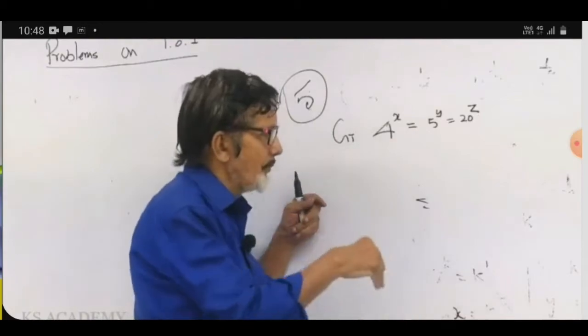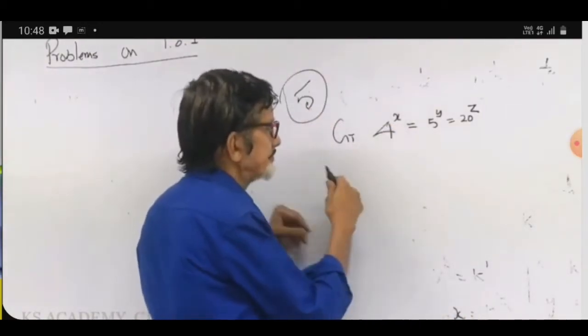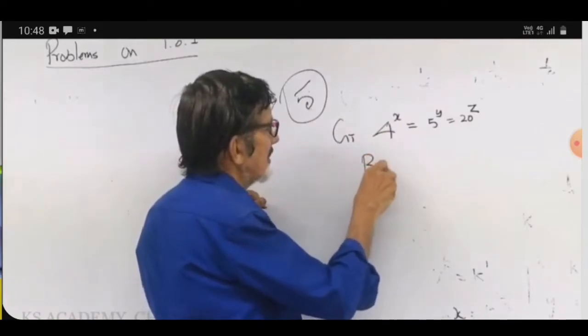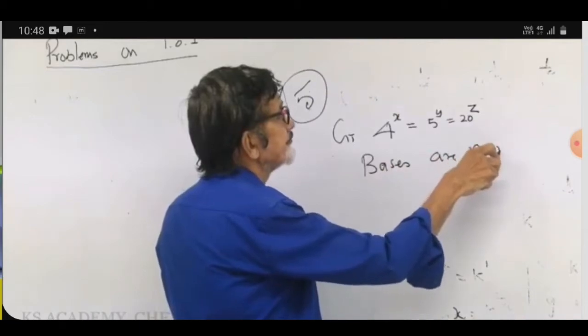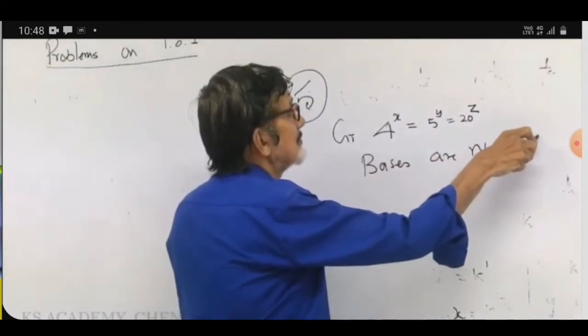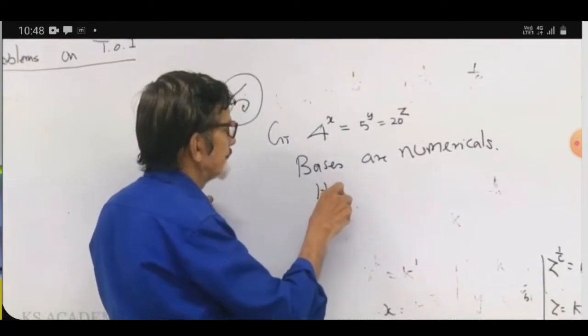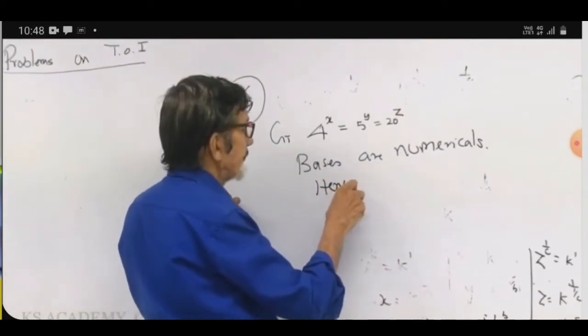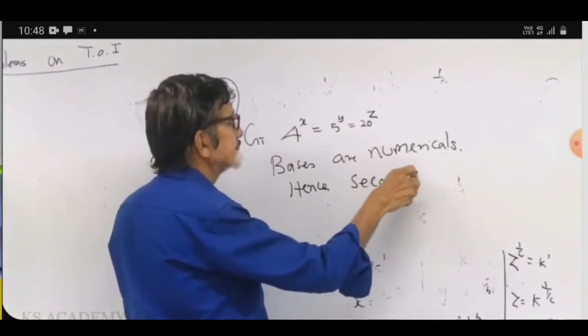Now you write. Given: bases are numericals. Hence, second information is not given.